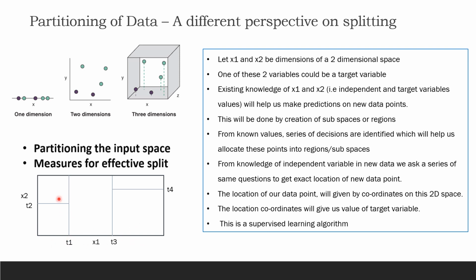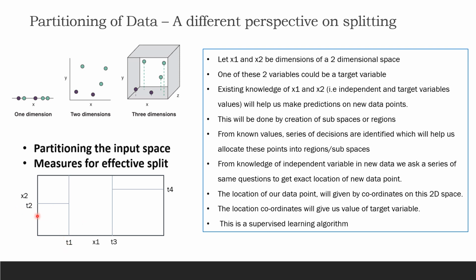And these questions: whether z is less than t1 or greater than t1, whether z is less than t3 or greater than t3. This series of questions will help us identify the location of z on x1. This is what we are trying to do. This is the whole exercise. The location of our data point will be given by coordinates on this 2D space.